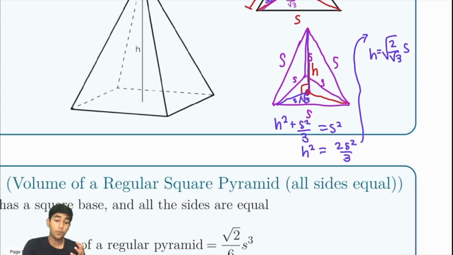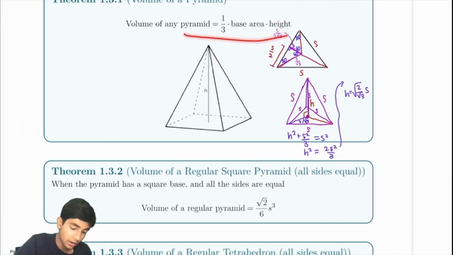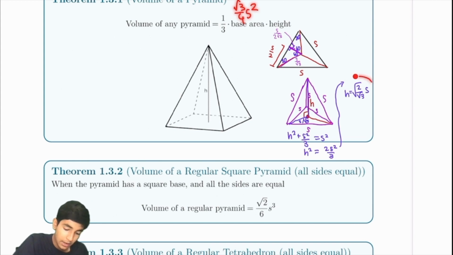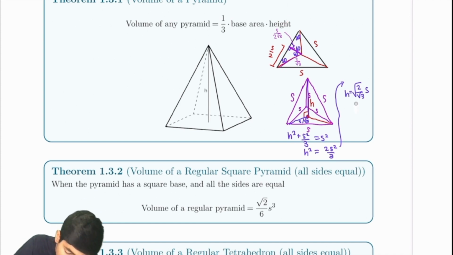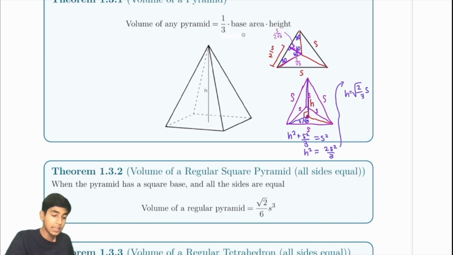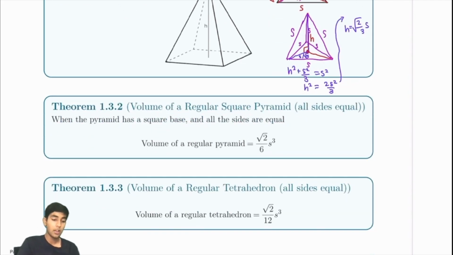And from here, I'm not going to do the rest, but now that you've solved for the height, you can easily find the base area using the root 3 by 4 side squared formula, and then you just plug it in here. 1/3 times the base area, root 3 over 4 side squared, times the height, which is root 2 over root 3, S. And then from there, you can just plug it in here, simplify, and you'll get this nice looking formula for the volume of a tetrahedron.